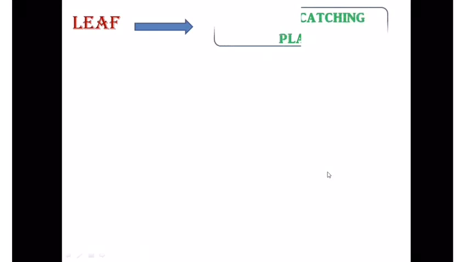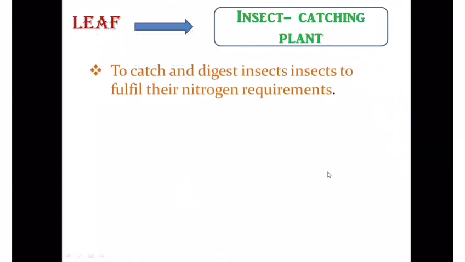The next one is the leaf, which is really weird to understand. The leaves totally modify into an insect-catching plant to fulfill their nitrogen requirement. These plants normally grow in an area where the soil is somewhat infertile.